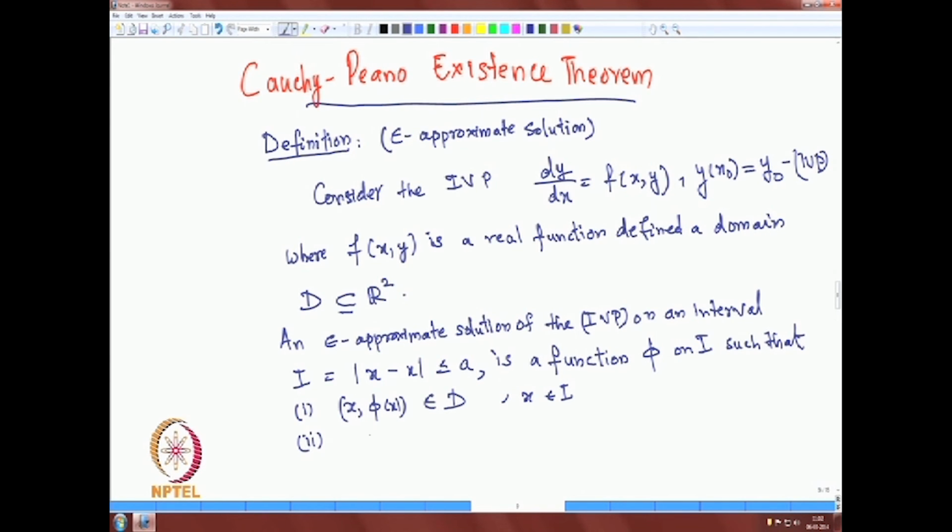Second property, phi is of class C1 on I, that is, one time continuously differentiable.